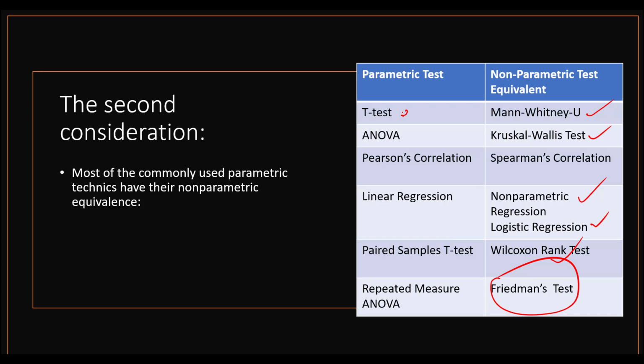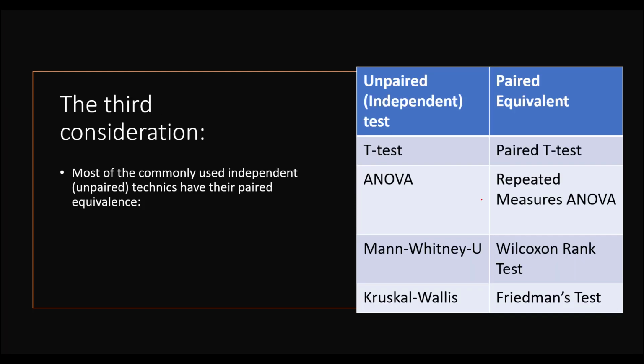A special word on linear regression and logistic regression. For you to use logistic regression in place of multiple regression, you must dichotomize the outcome variable. Finally, we are not showing paired statistics on the flowchart. Again, most of the commonly used unpaired techniques have their paired equivalents as shown on the table.